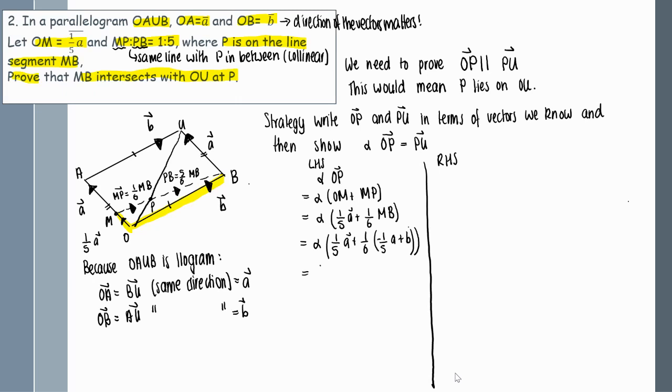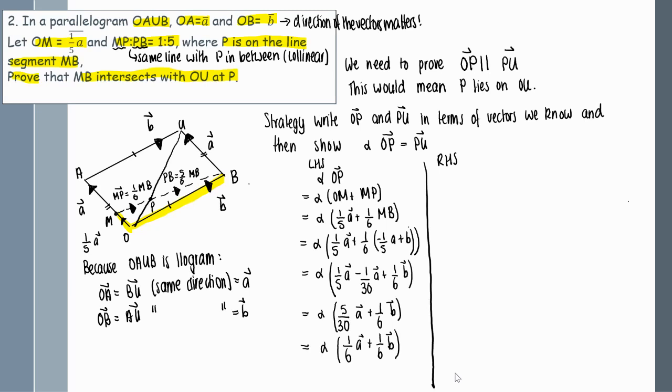Your next step here is just to expand and simplify very carefully. When we do this, we get that OP is equal to 1/6 a plus 1/6 b. So I'm hopeful that alpha times (1/6 a plus 1/6 b) will give me vector PU.